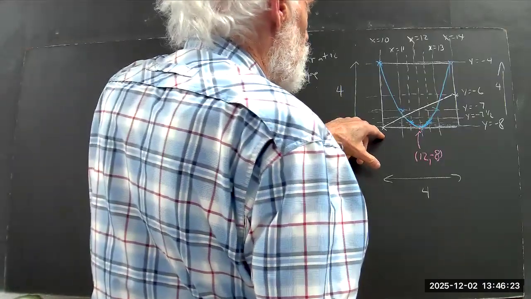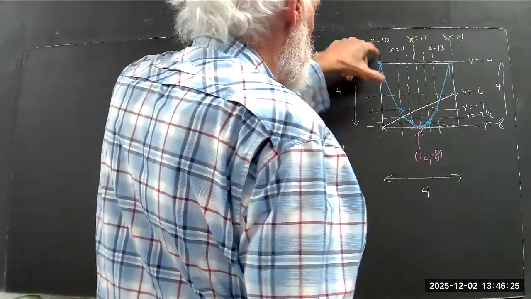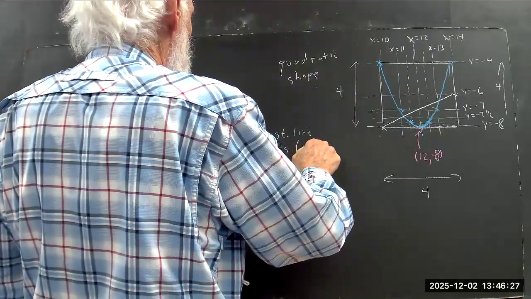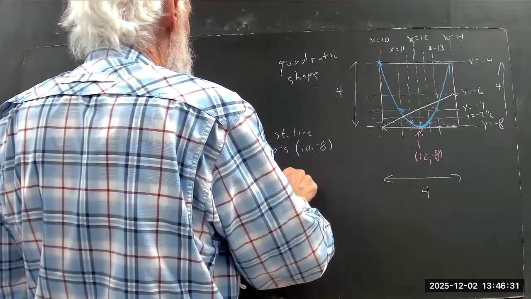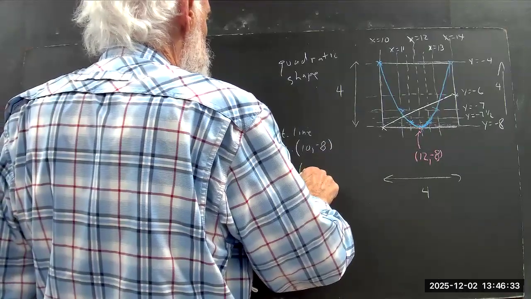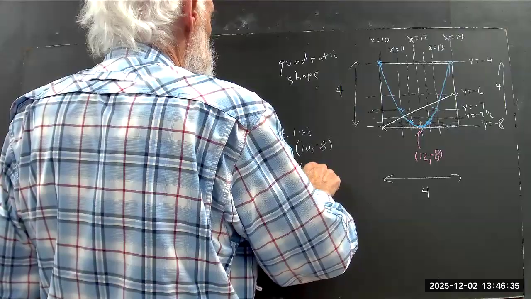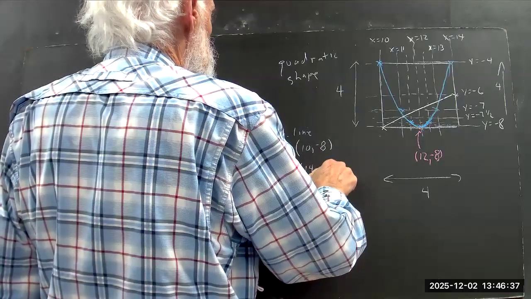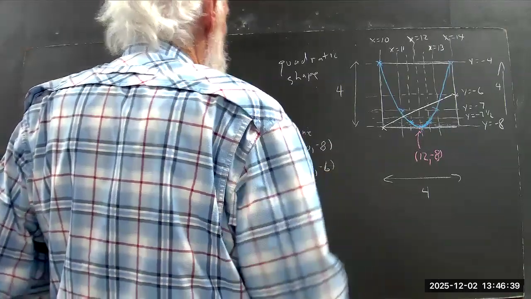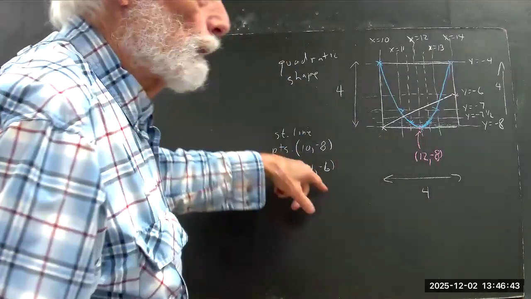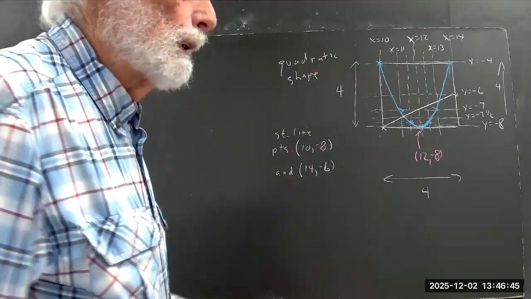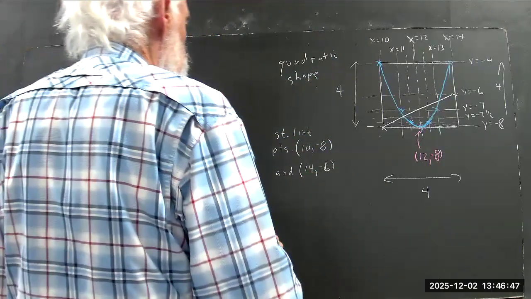The points of this point is y equals -8, x equals 10. And this one is 14, -6. I could do simultaneous equations. I could do augmented matrix as we did previously.